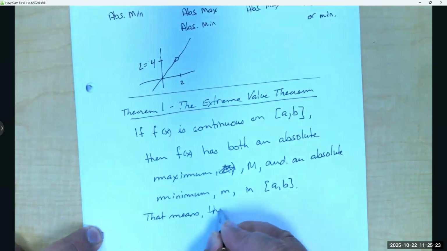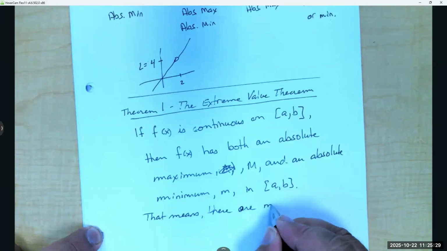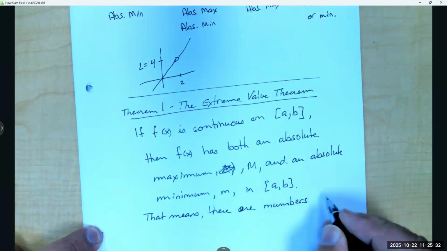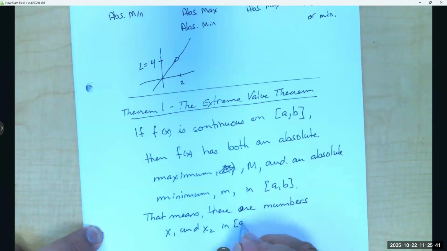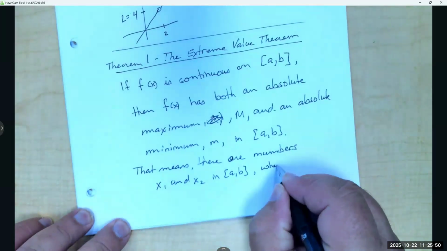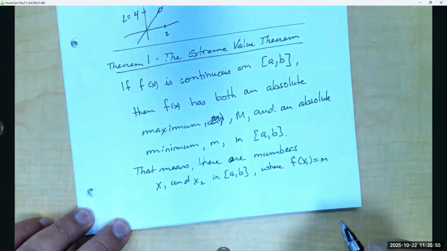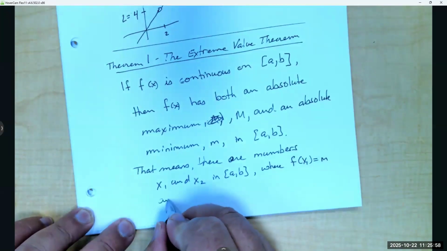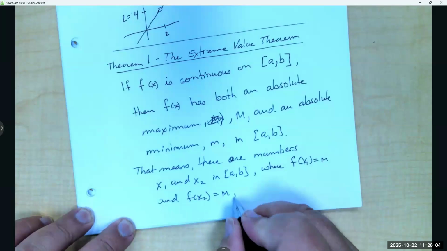That means there are numbers x1 and x sub 2 in the interval AB where f of x1 equals the minimum m and f of x2 equals the maximum value.